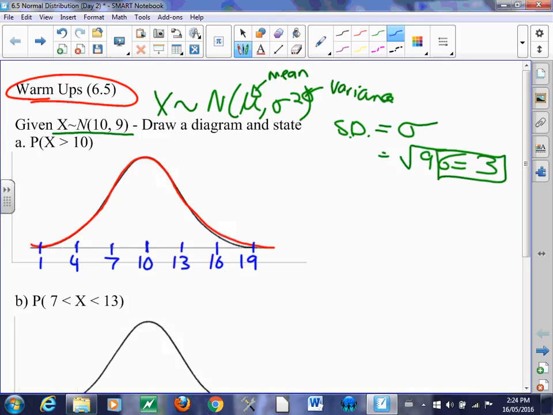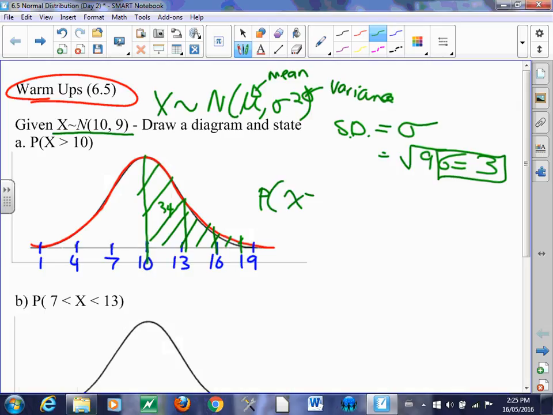All right. So given this probability distribution for A, we want the probability of greater than 10. So 10 is right here. So we shade that all in. One way you could do it is you could say, hey, I've got 34% plus the 13.5 plus the 2.35, etc. But what you should be able to recognize, folks, is a shortcut here.